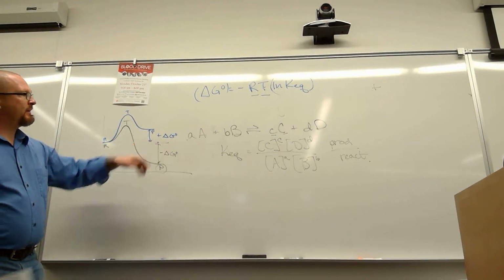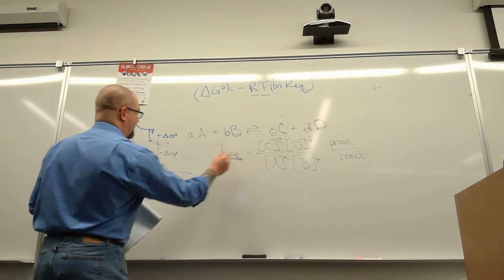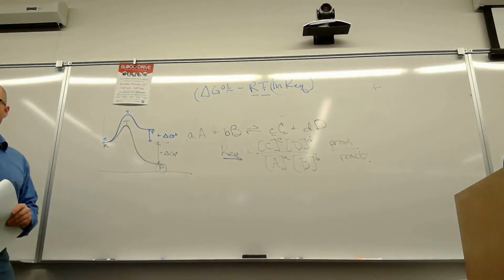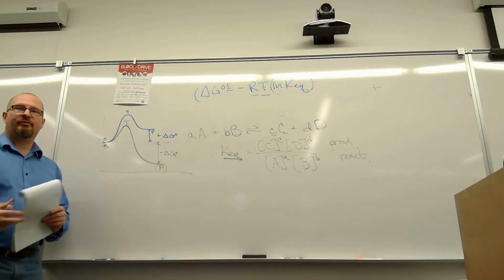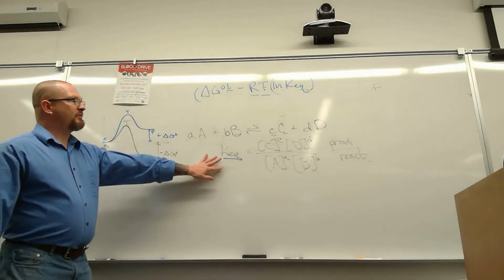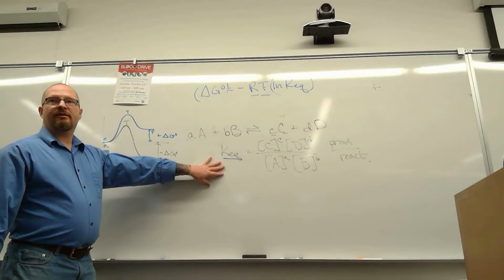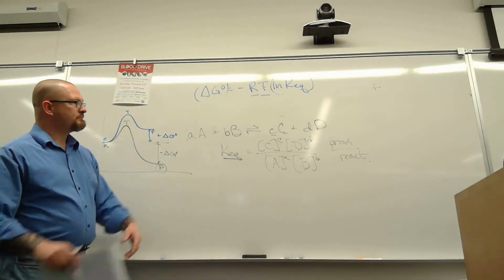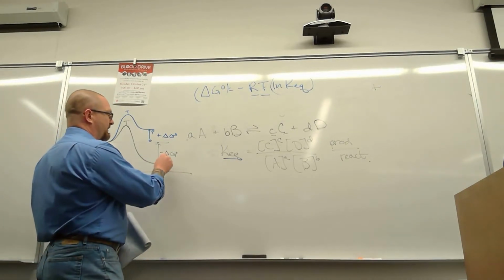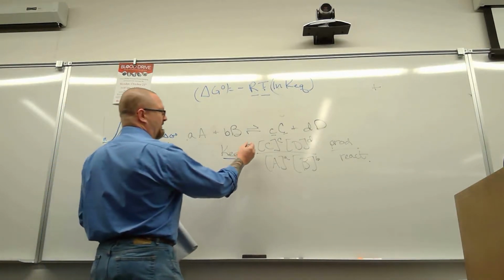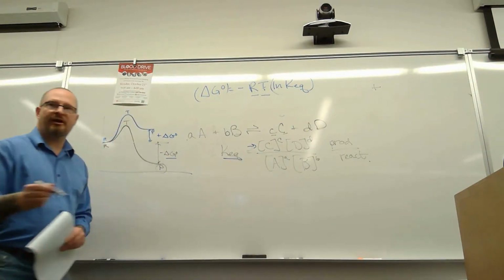When we're evaluating whether something is spontaneous or non-spontaneous, favorable or not favorable, what does that mean in terms of equilibrium? Well, if something is favorable, it means it's going to bias towards products.